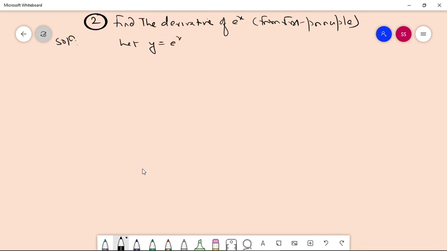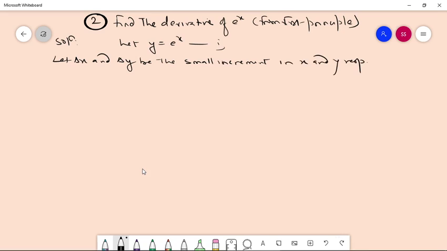let y equal to e to the power x, let del x and del y be the small increment in x and y respectively, then y plus del y equal e to the power x plus del x.